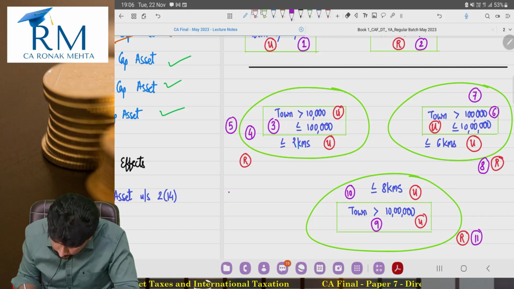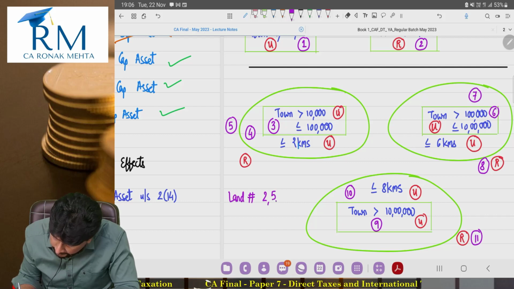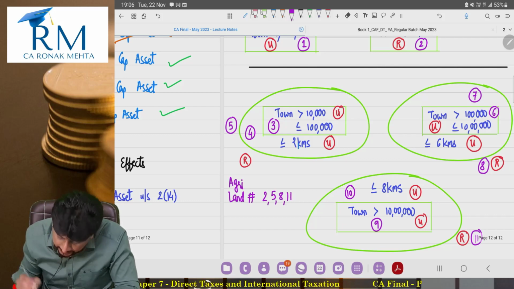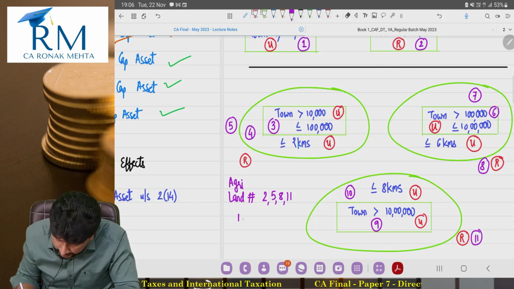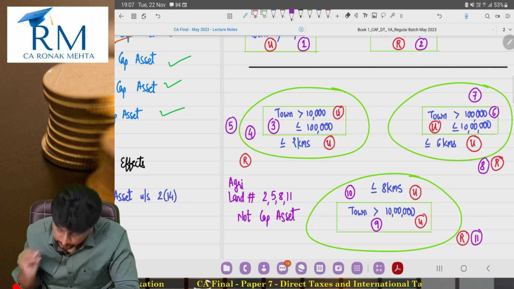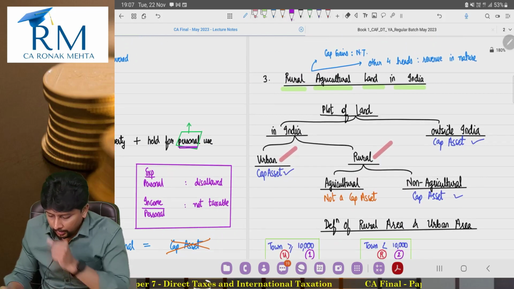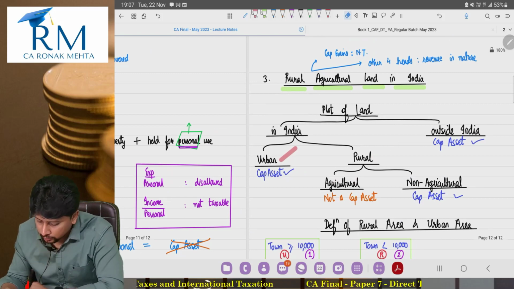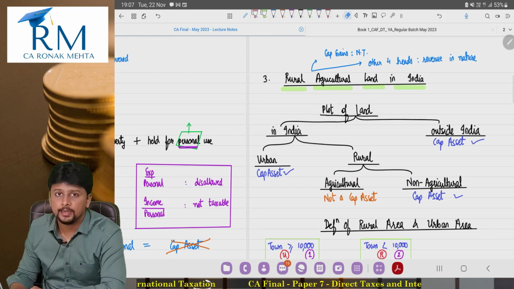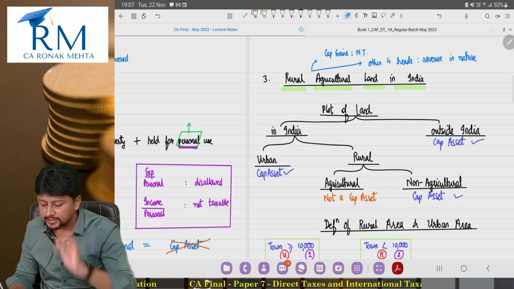So let me clarify, agricultural land number 2, 5, 8 and 11 are not a capital asset. This is my third exception. Rural agricultural land located in India is not treated as a capital asset.